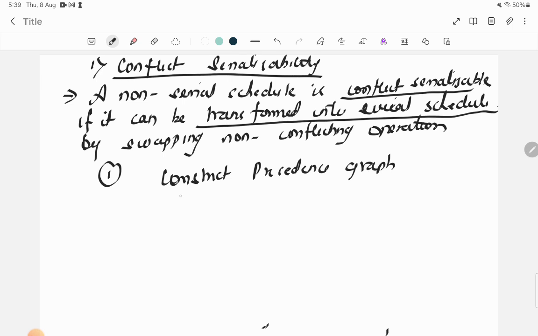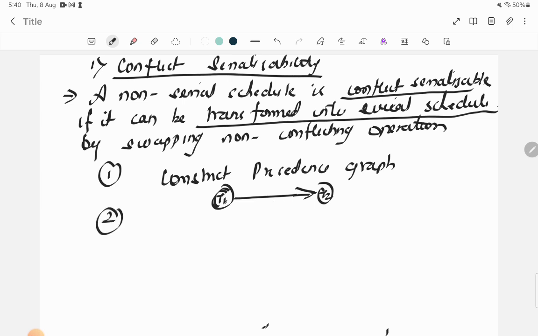In this graph the transactions are the nodes, for example this is T1 and this is T2. The edge represents the conflict. If a conflict is occurring, we represent it with an edge or an arrow.